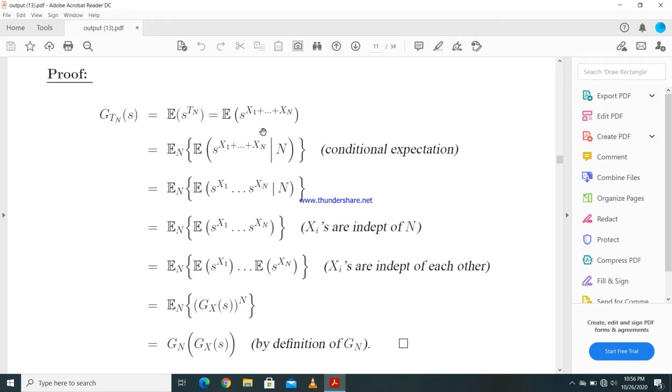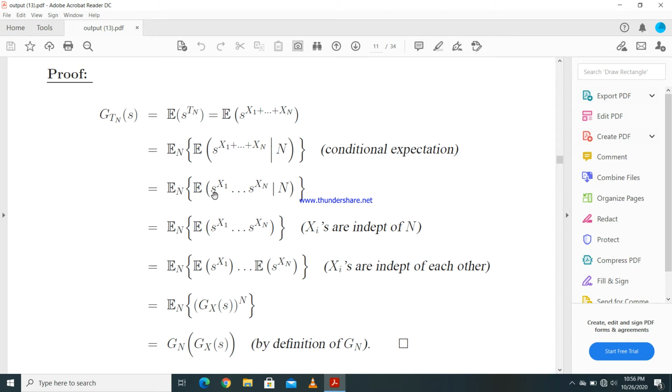So we have to take the expected value of this term, and then we have to take the expectation of this whole term with regard to the random variable capital N. We know when you have a probability generating function with a summation, we can replace that with a multiplication, as we discussed last week.